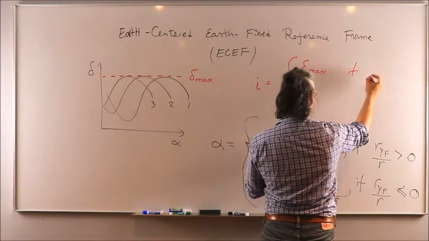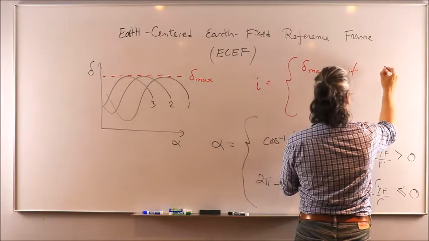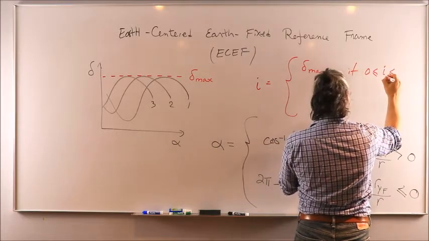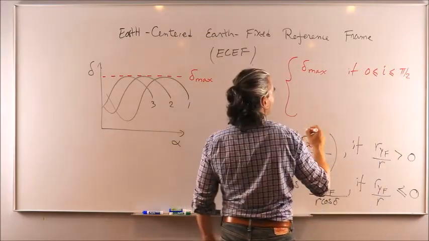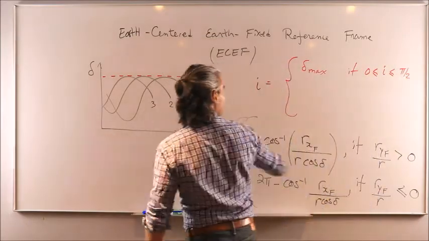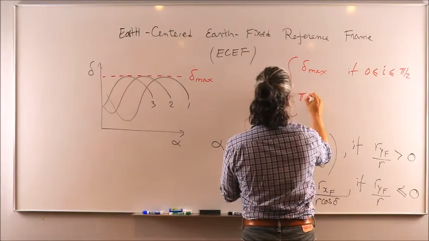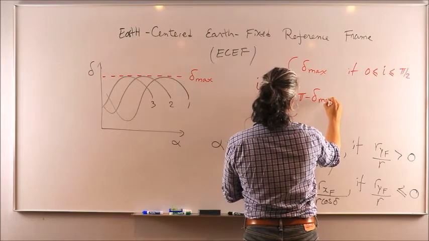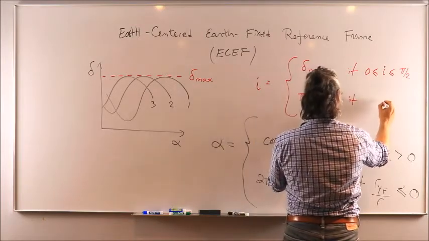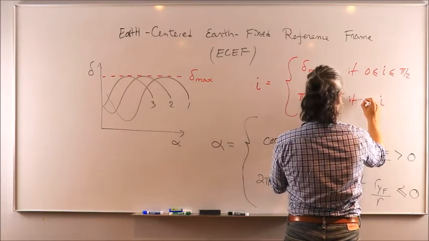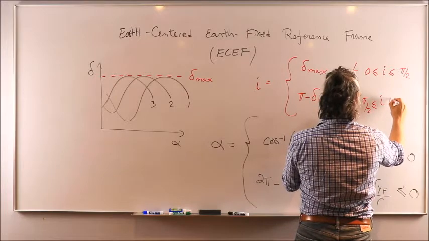If I lies between 0 and pi over 2, which is the typical case. Otherwise, it is going to be pi minus the maximum latitude reached, and that is if the inclination is between pi over 2 and pi.